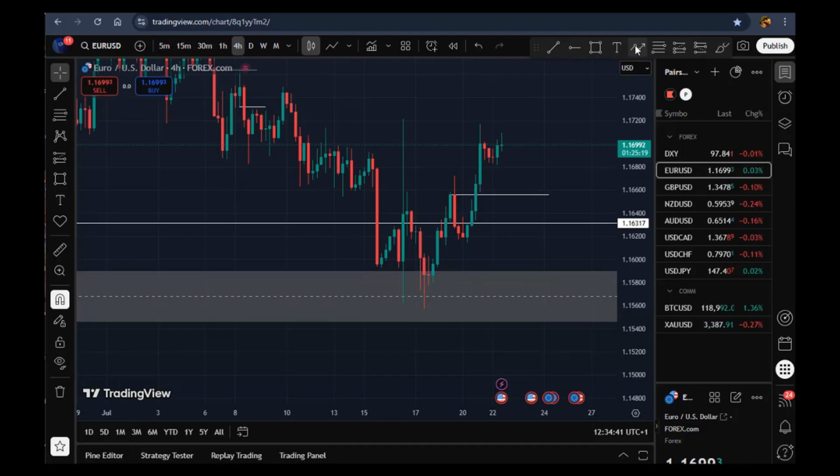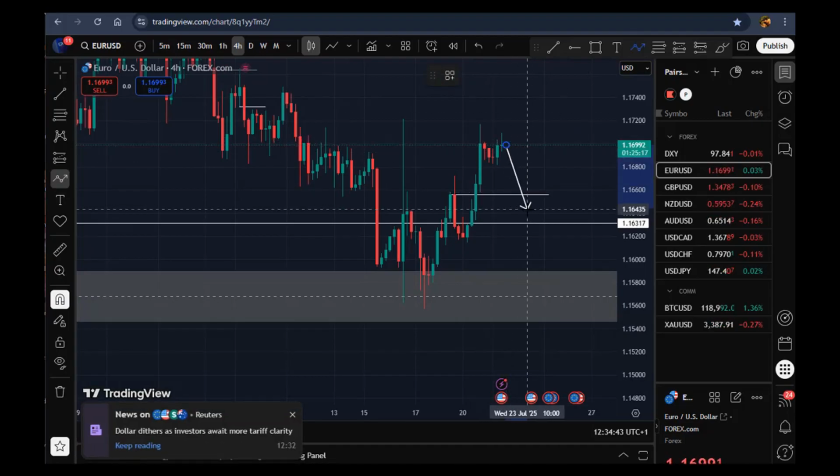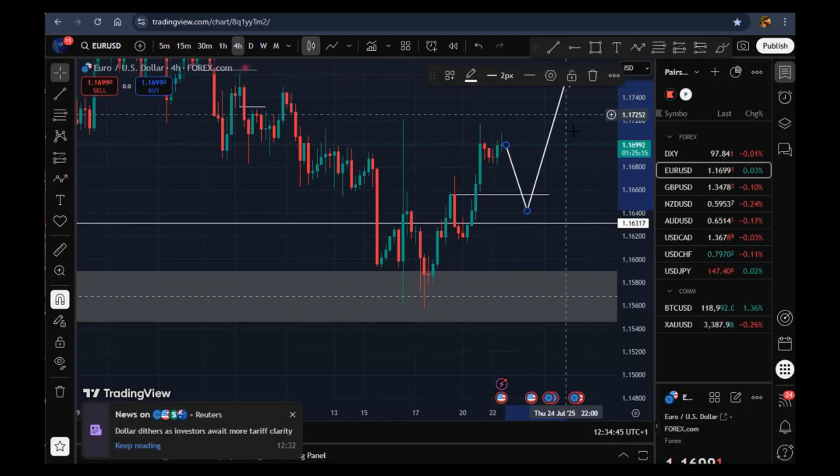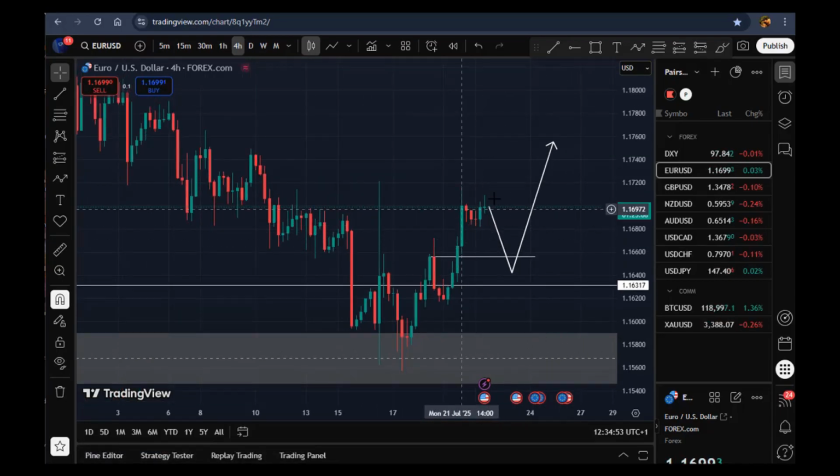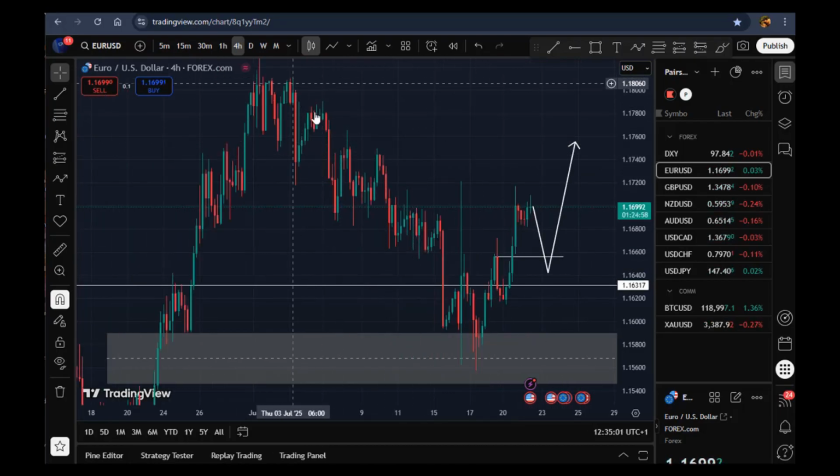We should be looking for a retracement into that area and continue buying, because why? The higher time frame is bullish, and we always want to trade in the direction of the higher time frame. So this is what I'm anticipating for this week: a retracement into this level and a buy to continue the trend and target the liquidity pool resting above these highs.